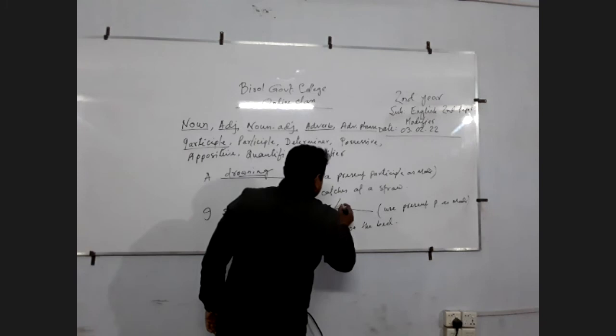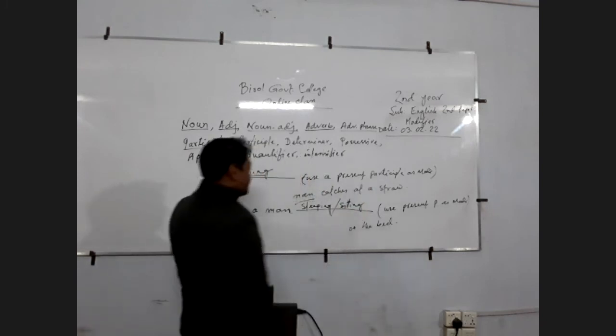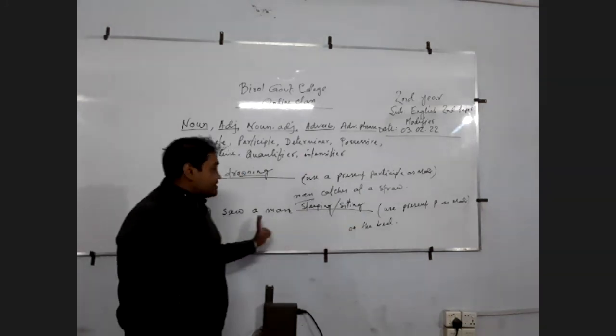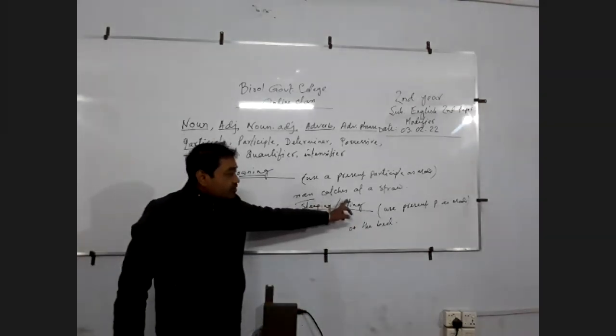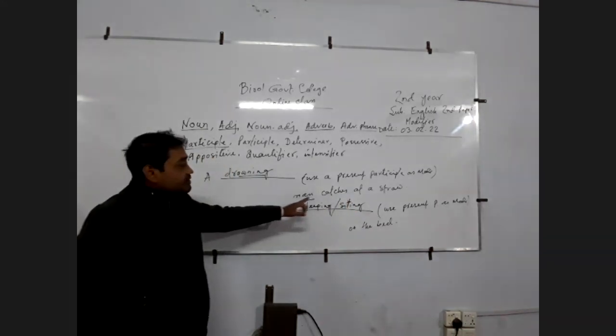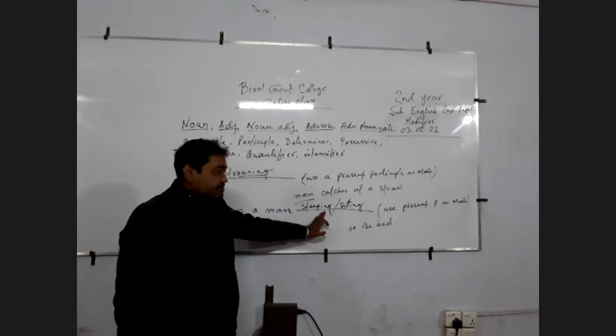You can also write sitting. I saw a man sleeping on the bed. I saw a man sitting on the bed. So these two words have had ing added, and it is present participle.